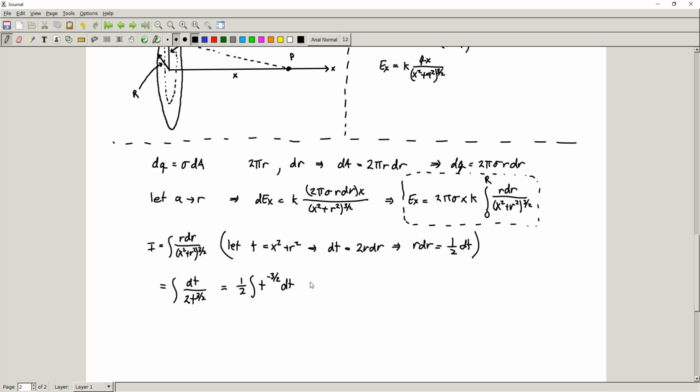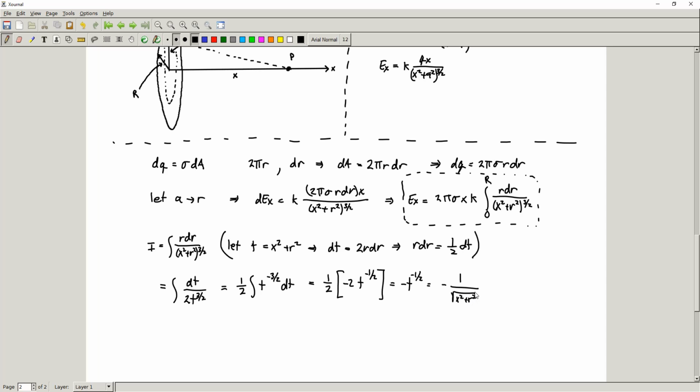Just doing that integral, we're going to end up with 1/2 times minus 2 t to the minus 1/2. Cleaning this up, we end up with minus t to the minus 1/2, which we can rewrite: I'm going to move the t into the basement and the square root, but replace the t with x squared plus r squared. So it's going to end up being minus 1 over the square root of x squared plus r squared.